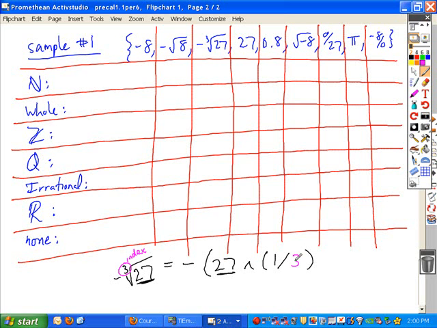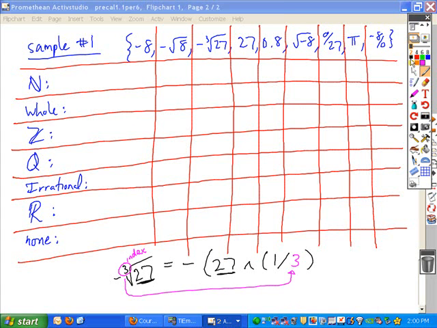Whatever the index is goes in the denominator of our fraction. And so if you take this whole quantity, negative quantity 27 to the power of 1 over 3, that's equivalent to saying the cube root. If this index had been a 5, then you would take negative quantity 27 to the power of 1 over 5. You just rewrite the index in that form.